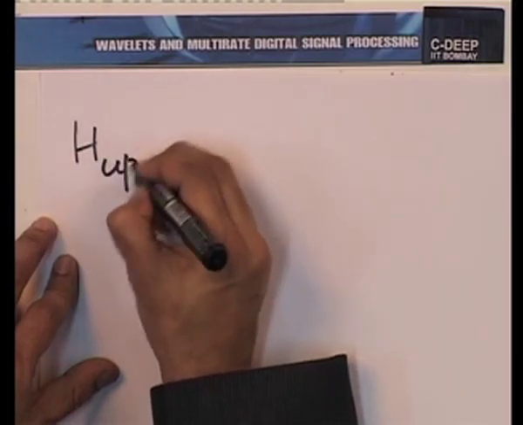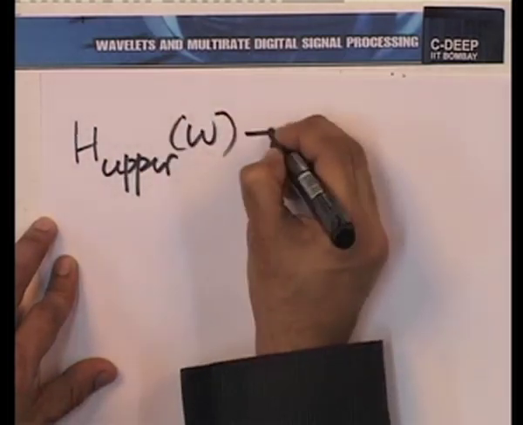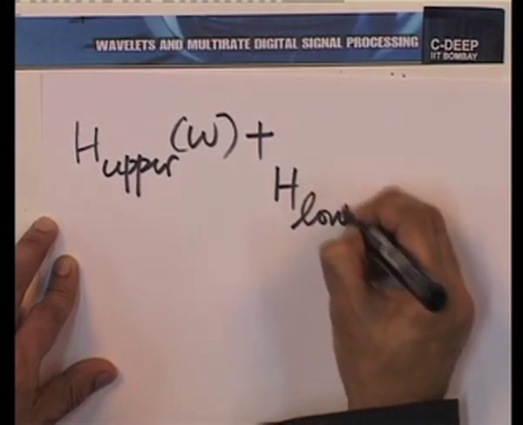H upper omega plus H lower omega is equal to 1.